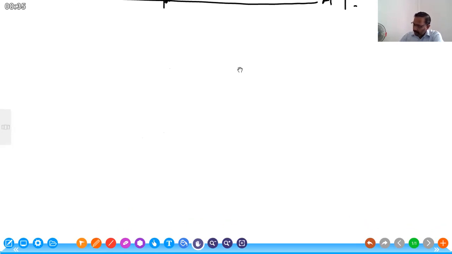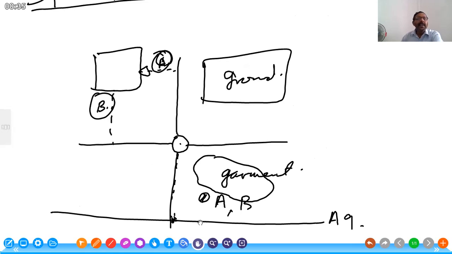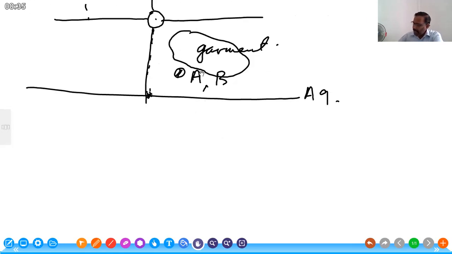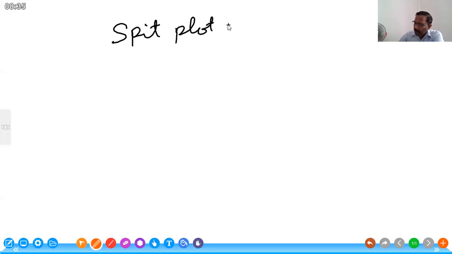Right. So in factorial, both distances are the same. In nested and split plot, it's different. Right. Now we'll come to the split plot design. So from the name itself, you can realize.